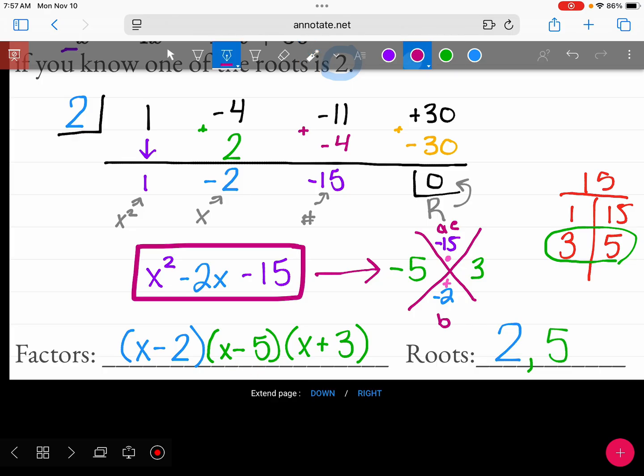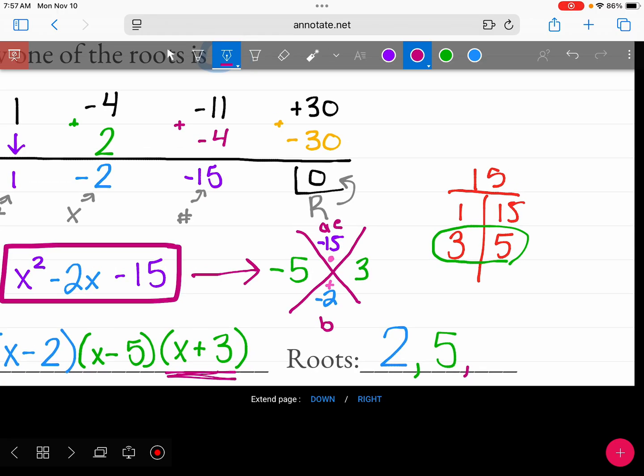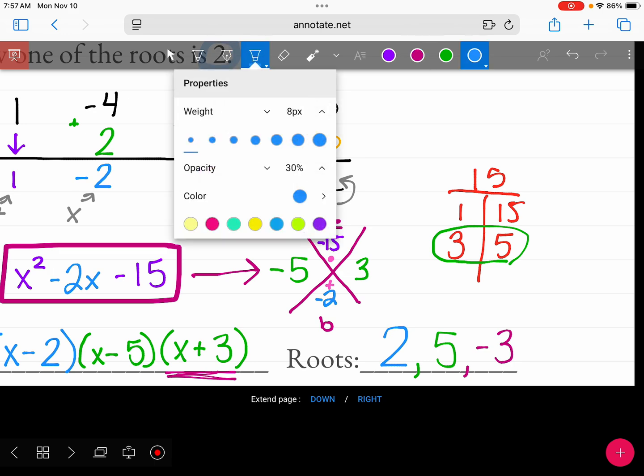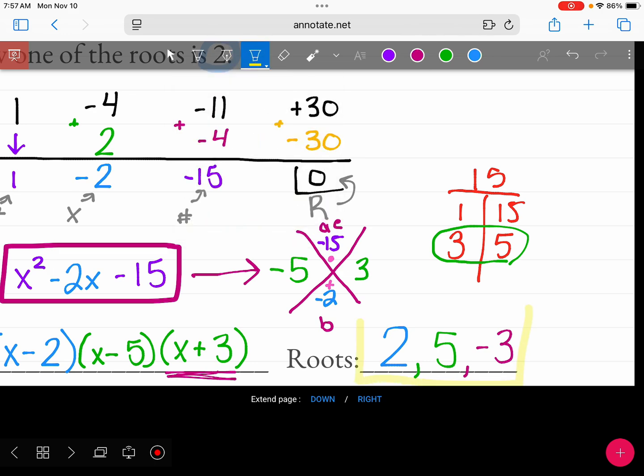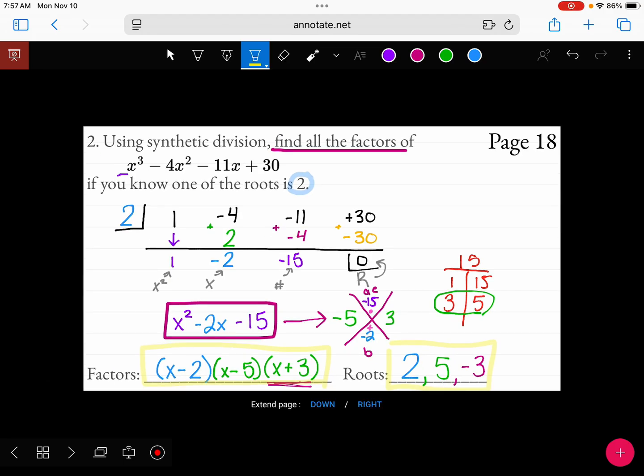What is the root for the factor x plus 3? Negative 3. So we can find even more roots and even more factors after the division part. Whether we're looking for factors or we're looking for roots, those are the pieces we need to find.